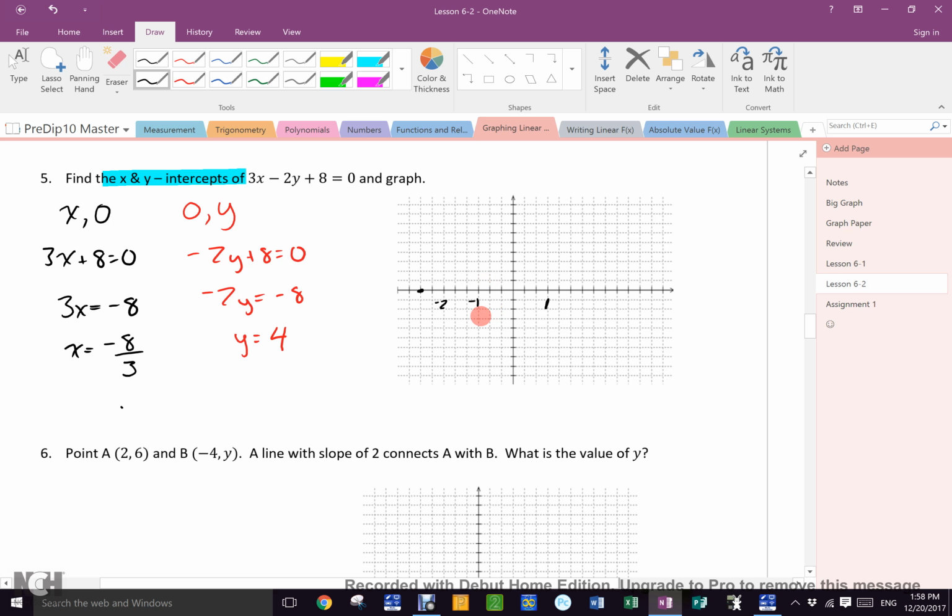Now, if I've changed this scale, I should probably change this scale, yes? You don't need to, but probably a good idea. I need to get the y-intercept on there. The y-intercept is 4. If I keep this scale, how far up do I need to go? 12. Do I have 12 to go up? No. So am I able to change the y scale?